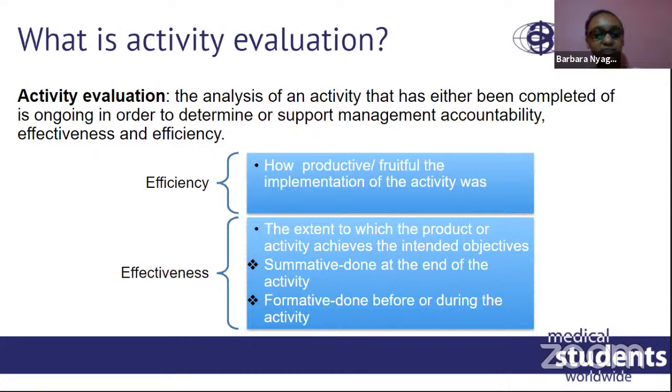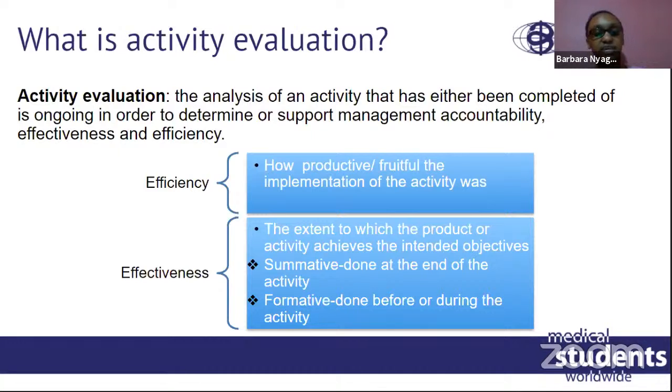So what exactly is efficiency? The efficiency of an activity is how productive or fruitful the implementation of the activity was. So how exactly did this activity help and how productive was it? What did we gain? What did people gain? What was the benefit?